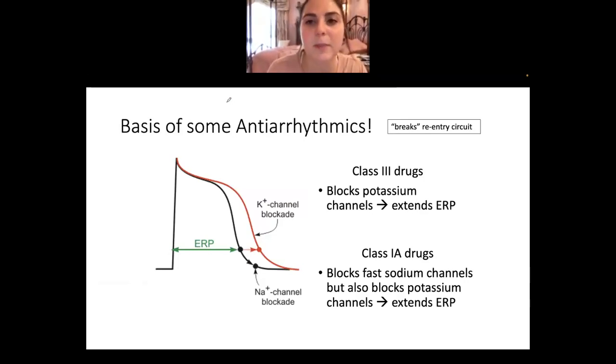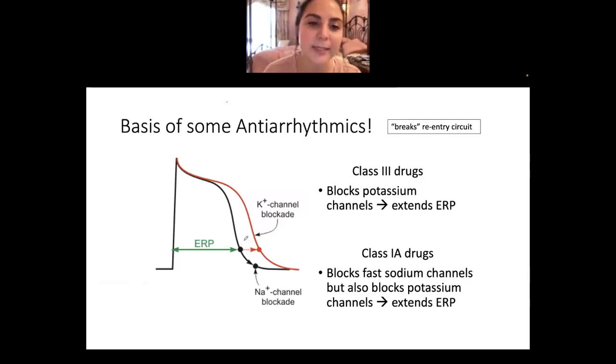And a perfect segue into this is what antiarrhythmics do. Antiarrhythmics basically break reentry circuits because we're trying to make it so that when the reentry circuit comes back through, it hits a part of the action potential that you can't excite anymore. Class 3s, for example, are really good at these reentrant tachycardias because they block potassium channels, so they extend the ERP. Again, we're going to talk about this in more detail.